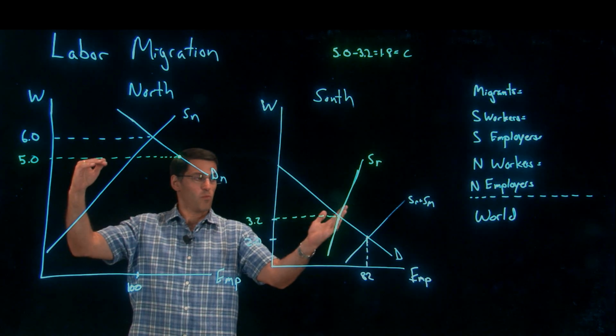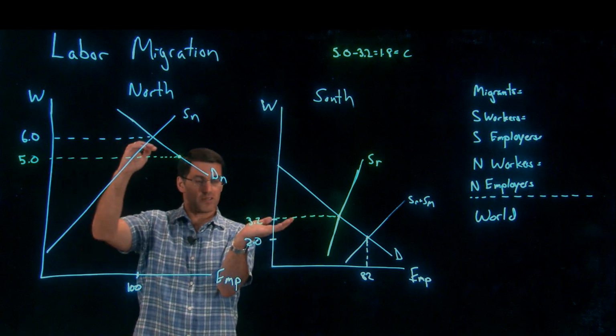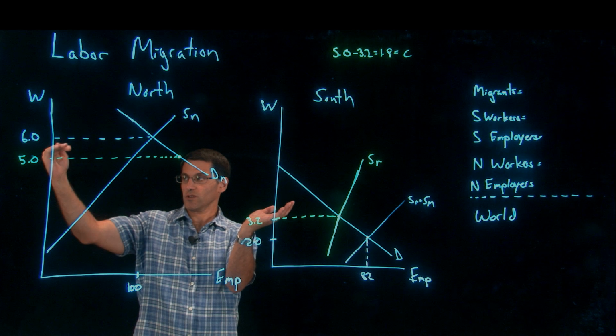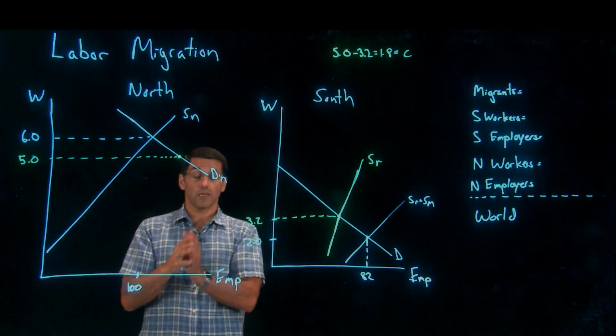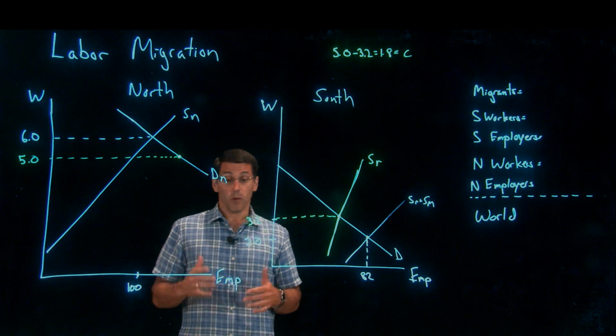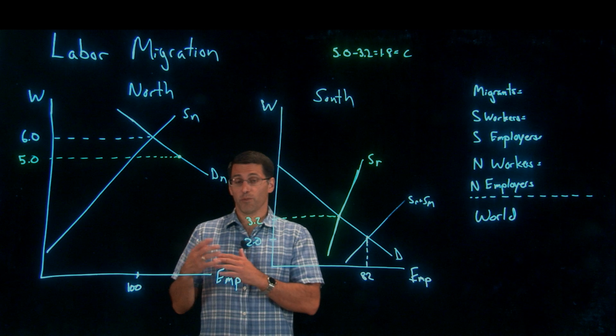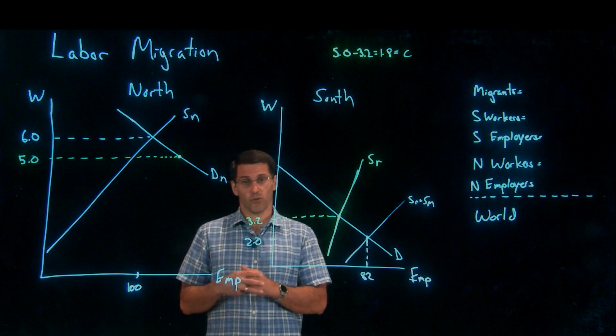Otherwise, more and more workers would leave the South and move to the North. And as that continues to happen, the wages in the South would rise and they would fall in the North until they would equalize. If there were no costs of migration, that's what we would expect to happen. But of course, we know in reality there are costs to migration. There are the out-of-pocket costs of moving to another country.